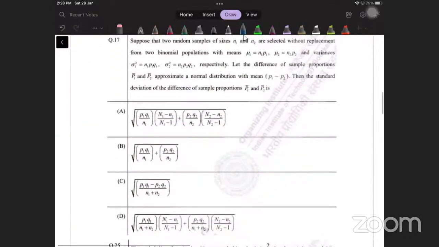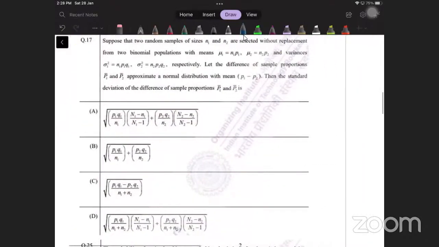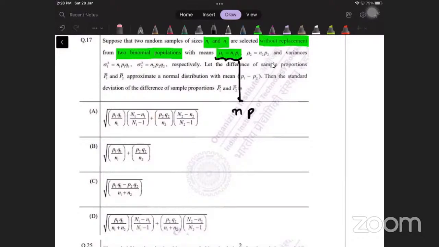Okay. Now come to the third question. Suppose that two random samples of size n1 and n2 are selected without replacement from two binomial populations. This is the mean. So if you remember, the mean is always given by NP. If it is population 1, then it will be N1 P1 and population 2 will be N2 P2.